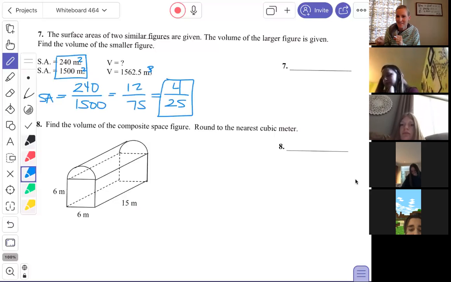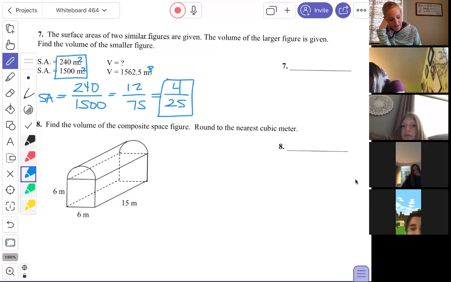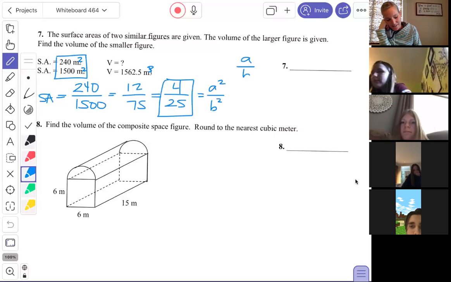Do you know how to do that? How do you get from a surface area to volume? It has to do with like squares and stuff. Yes. So right now you can think of this as this has been squared and this has been squared, right? So I want to get to A to B so that I can then cube it to get to volume. To get to here, I need to square root.